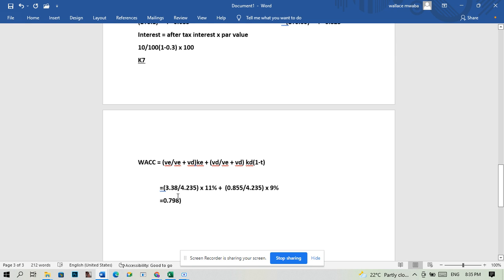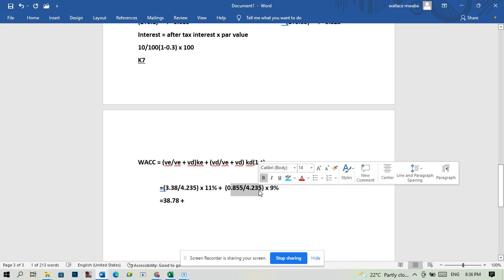Times 11. Yes, 8.778. Okay, so this is for this section only, right? 8.778. We just round off to two decimal places.